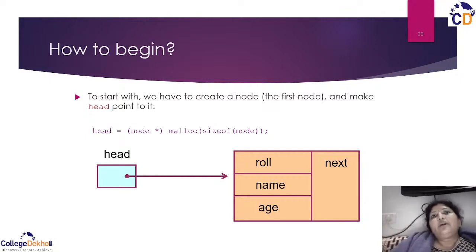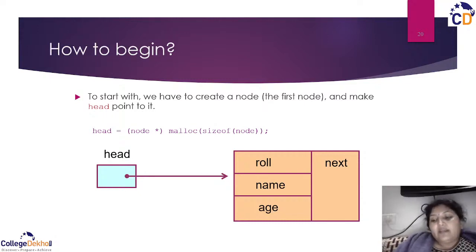Traversing means you are just following the elements in the linked list, right? Whereas in an array, with the help of an index, you can directly access the elements.